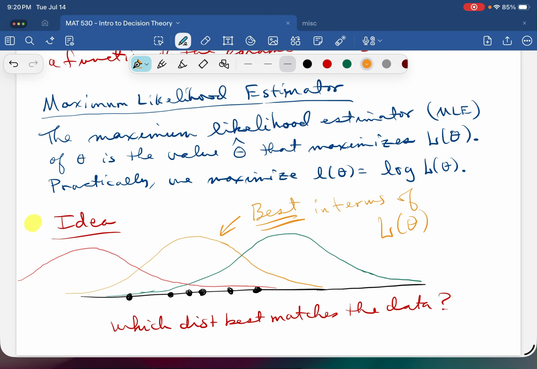If we suppose for a moment that the orange curve is the actual distribution, the actual density, then these likelihood function values would look something like this. Okay, so that's one possibility.